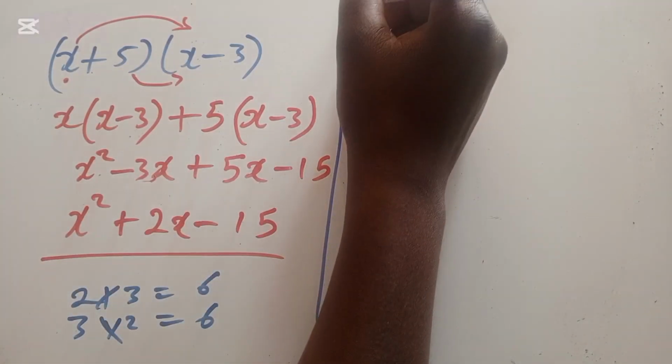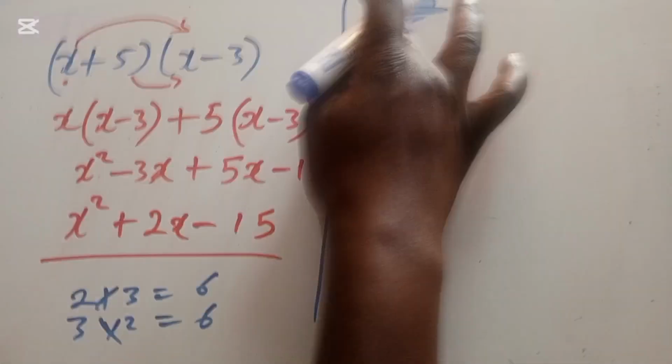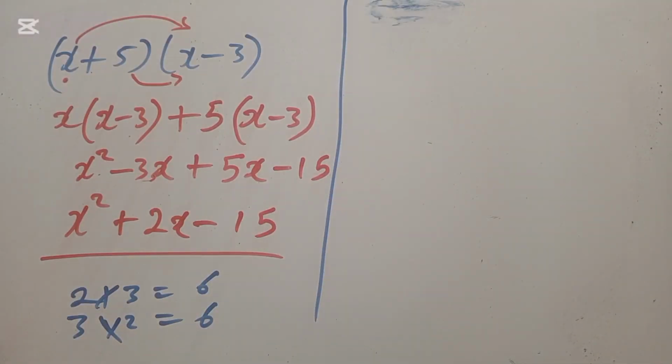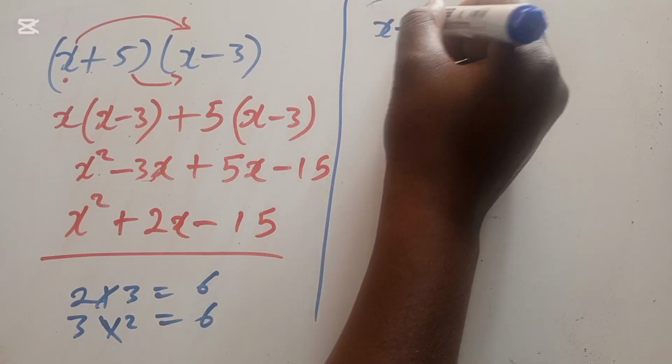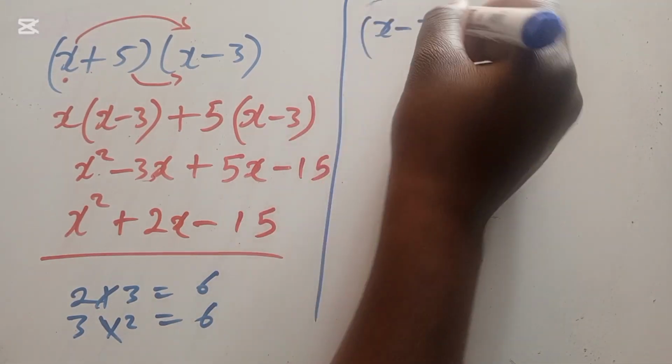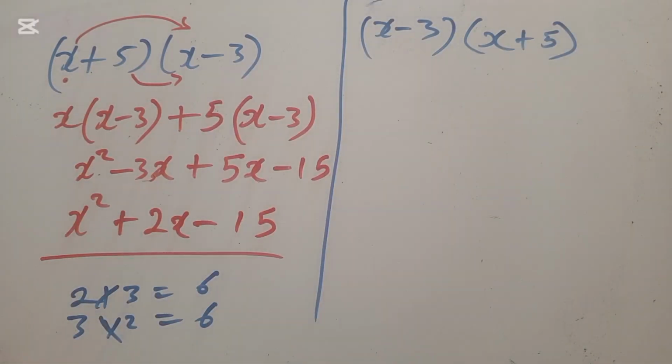Suppose we wanted to do x minus 3 and x plus 5. Suppose this is what was there. What would have been our answer? We hope to get the same answer.